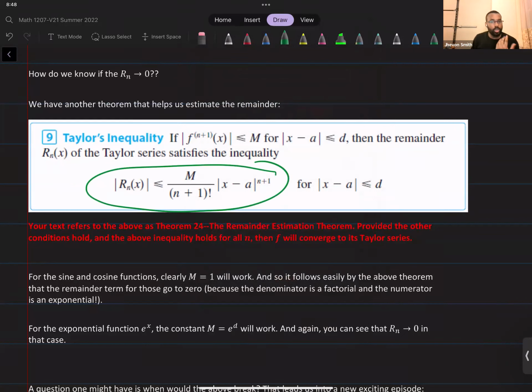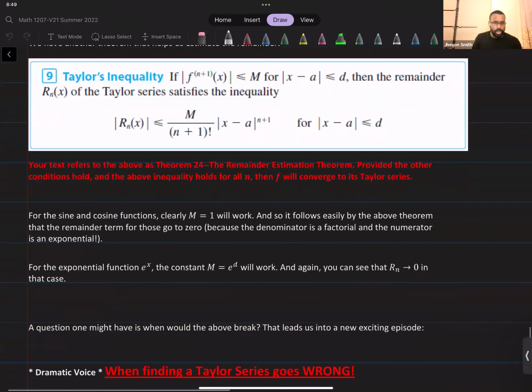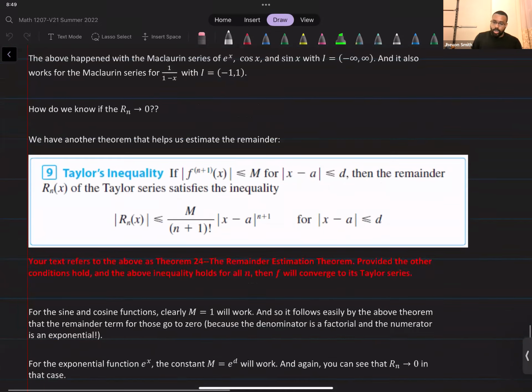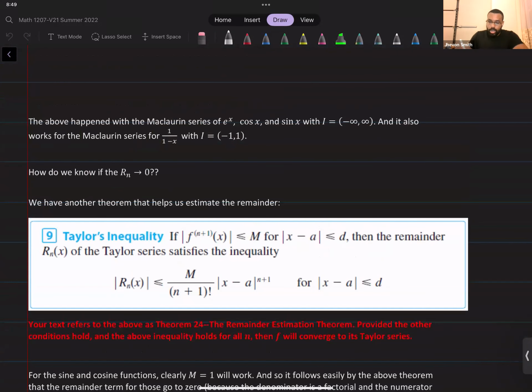What happens? It goes to 0. That's what tells you that sine and cosine are exactly described by their Taylor polynomial. You can choose M equals e to the c, where c is the right side, the interval endpoint, and prove that e to the x is exactly described by its Taylor polynomial. I mentioned that here.